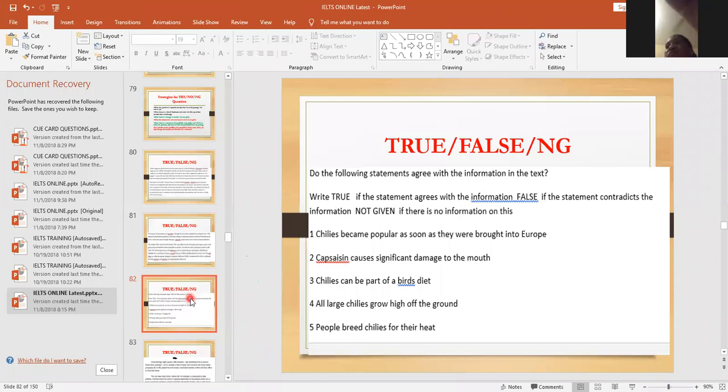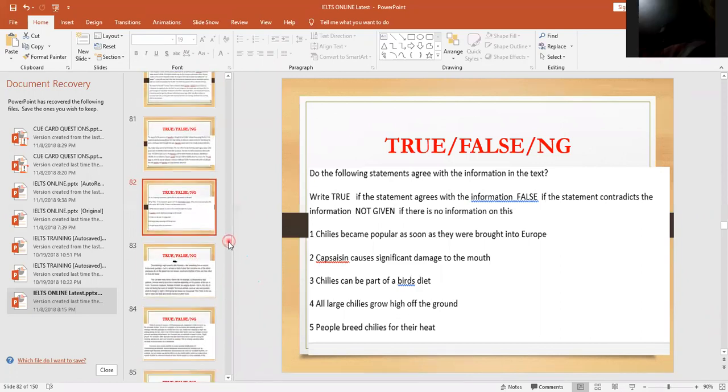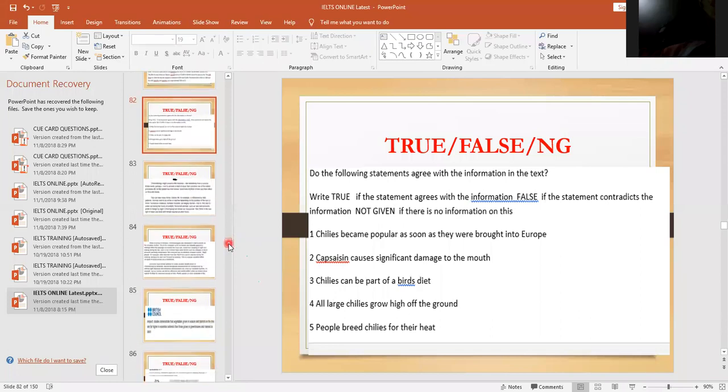Okay, now, if there is no question, I will be saying we are almost done, but I just want to take you through one question again, which I feel is a bit complex. The first rule of reading is the main idea.